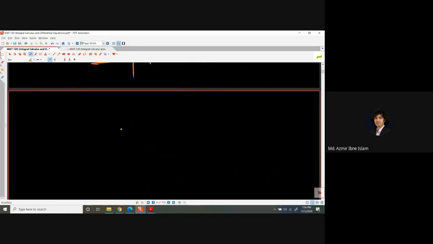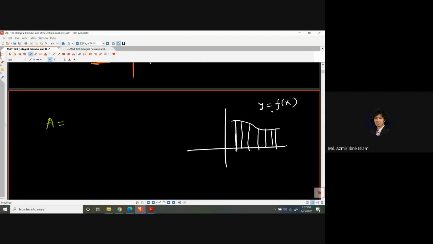So now, to find the area of that curve, I'm again drawing the same thing here. So we have so many rectangles. If you know that y equals f of x, so this is y, that means f of x, this is acting as the height.